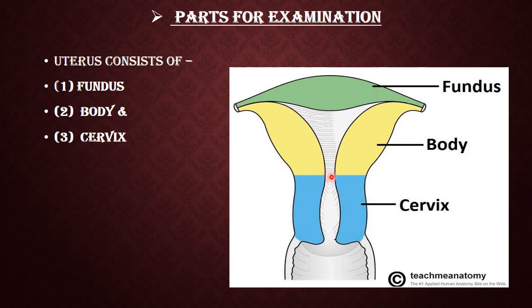The cervix uteri extends from the level of the internal os to the external os and is divisible into supravaginal and vaginal portions by the attachment of the vagina.